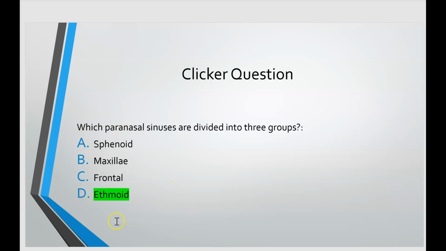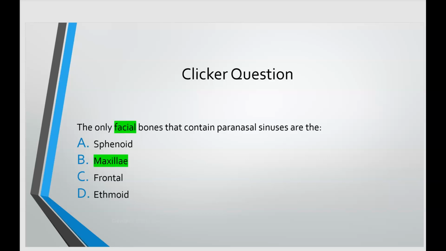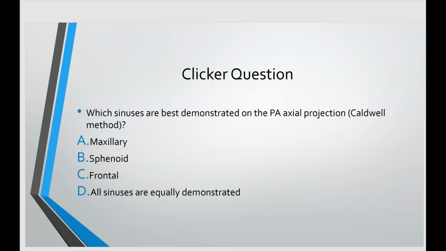You have anterior, middle, and posterior. The only facial bone that contains paranasal sinuses are the sphenoid, maxillaries, frontal, or ethmoid. And the answer is maxillas. They are the only facial bones that contain paranasal sinuses. Sphenoid, frontal, and ethmoid are cranial bones. And that's a test question, you guys.